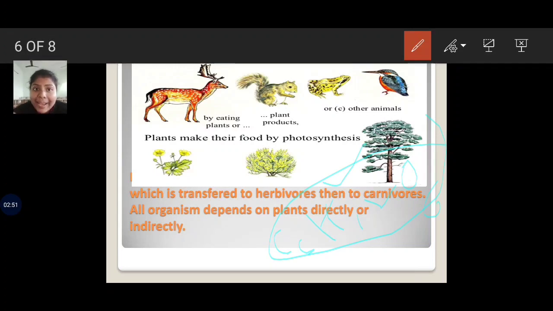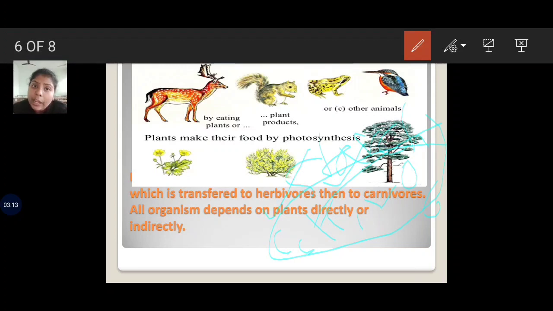But the extra remaining part, it stores in its body in the form of starch. And this starch is essential for us also. So when we eat the plant parts, plant products directly, we obtain this starch directly.